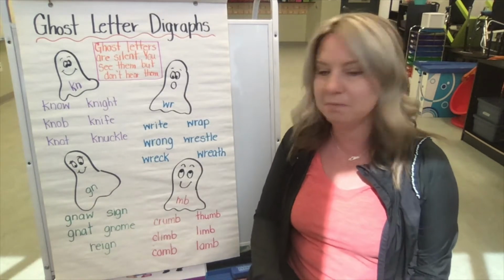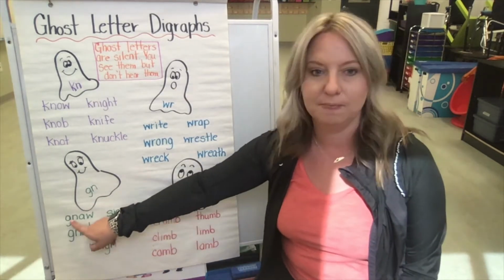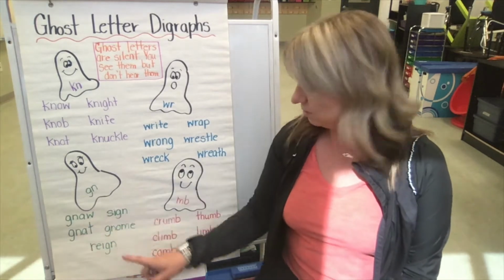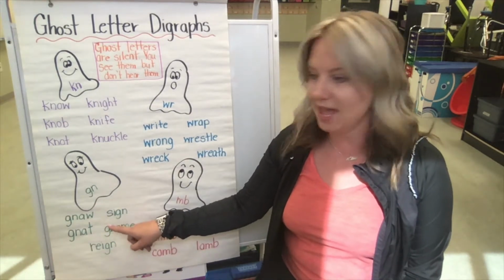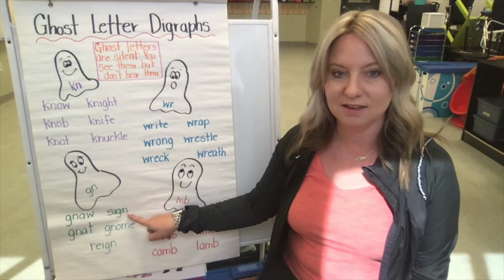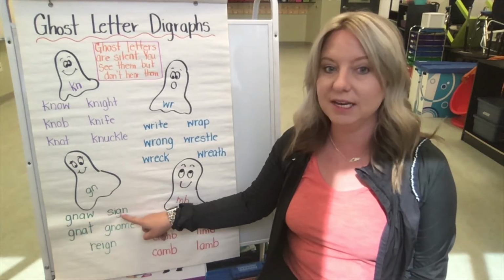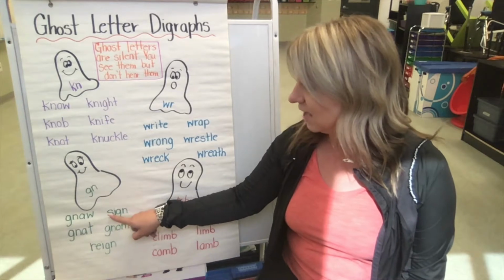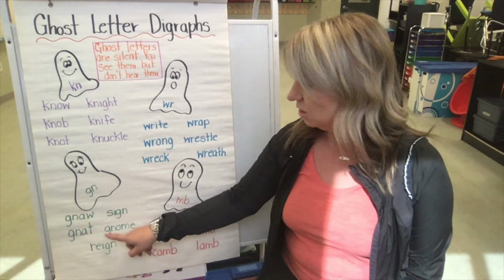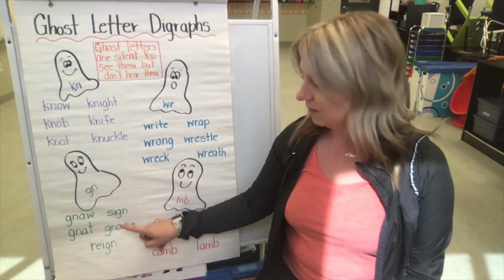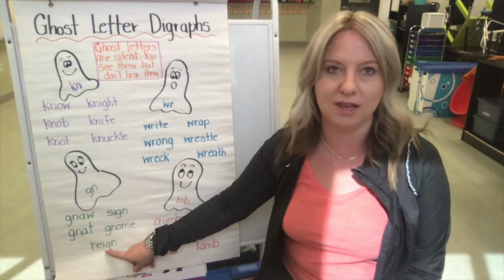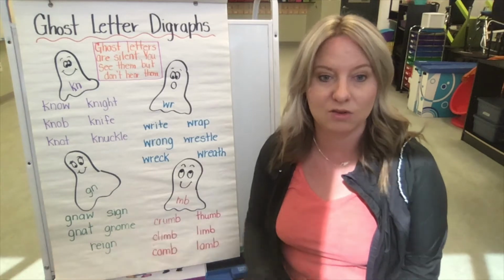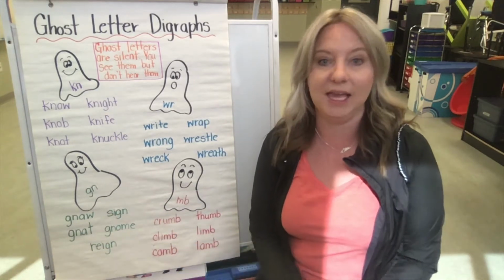So some examples are these words: gnaw, gnat. Oh, and here's one where it's at the end: sign. So we don't hear sig-n. If we sound it out, we don't hear that G. We only hear sign. Gnome. And then this one is reign. And this is not like the rain drops. This is like a horse reigns or the reign of a king.